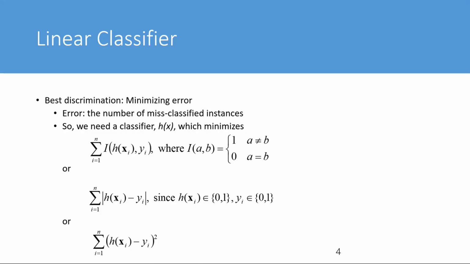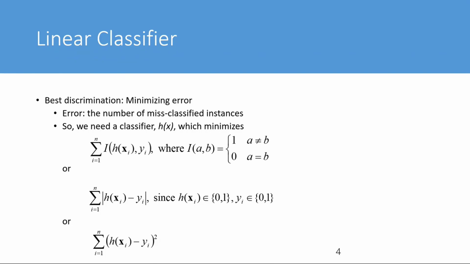Discrimination means that you are not red, don't come in this area, and you are not blue, don't come in this area. So that is discrimination. What is an error? Red dots in the blue area, or blue dots in the red area, are errors. The number of misclassified instances is called an error.